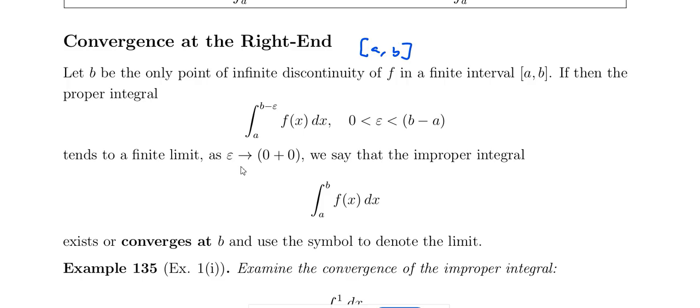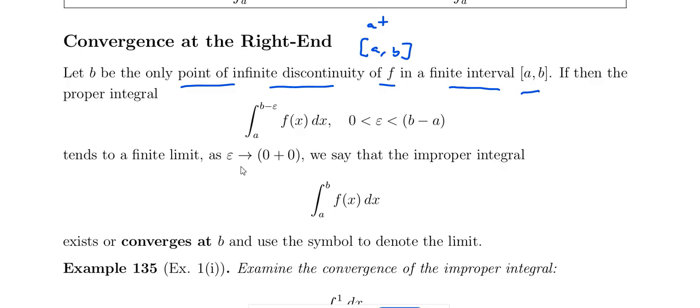So we saw that the limit converges at a plus. At this end b, we cannot consider b plus, we can only consider b minus. So let b be the only point of infinite discontinuity, the upper limit of the function f in the finite interval a, b.